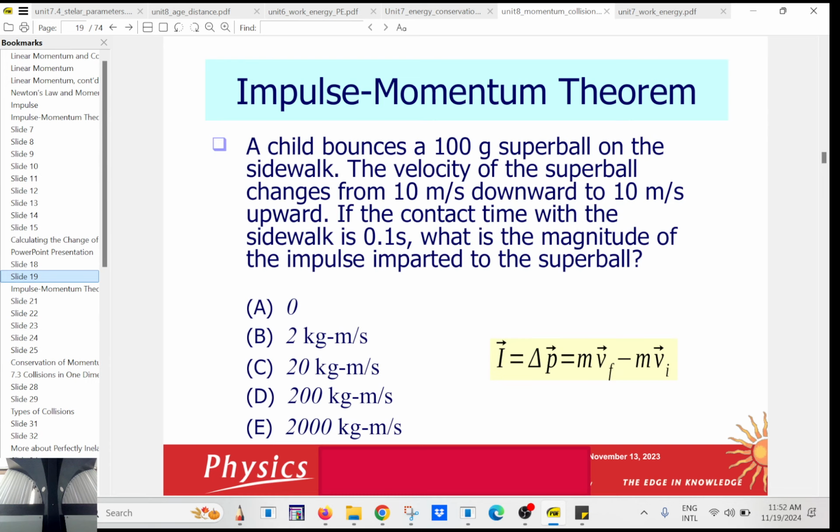And then I give that for the final, and half of the students will tell me it's 0, because they do 10 minus 10. No. Because you have to stop it and reverse the motion, so it takes force. It's not zero force.